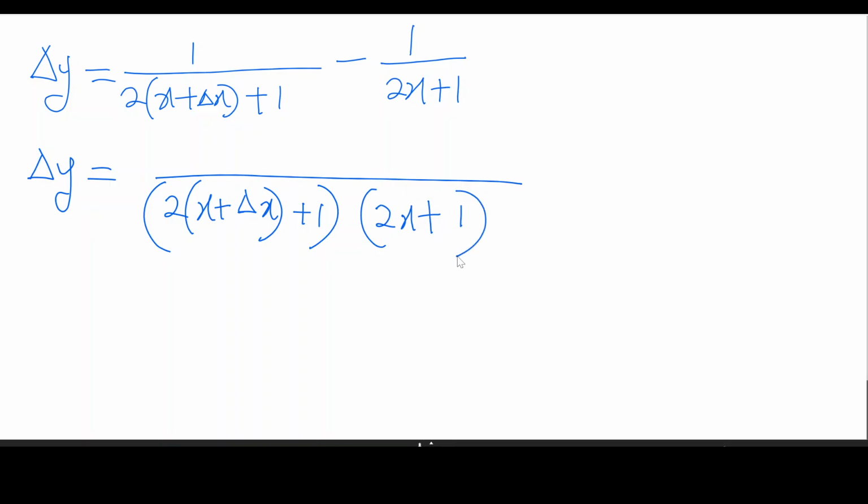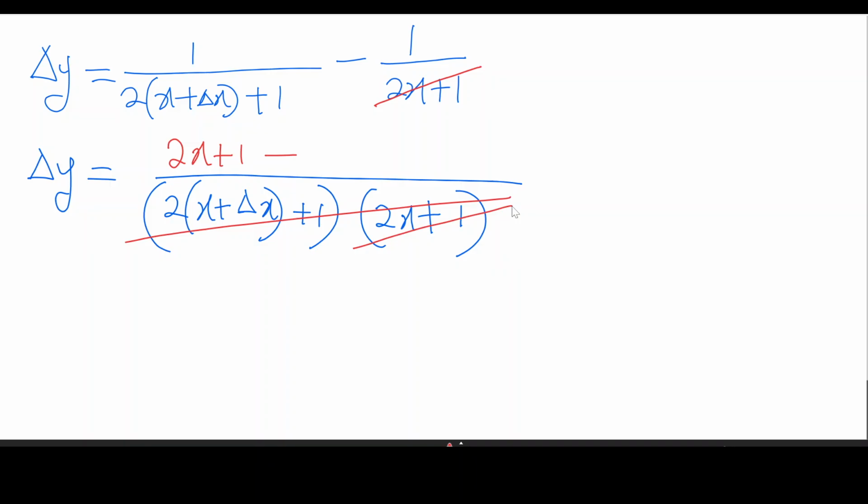And from here, we divide the LCM by each of the denominators. So dividing by the first denominator, we are going to be cancelling out this, or are going to be left with 2x plus 1. So we are going to be doing that now. So 2x plus 1 times 1 is going to be 2x plus 1. Then we have minus. Also, we are going to be using 2x plus 1, which is the second denominator there, to divide the LCM. And in this case, we're going to be cancelling out 2x plus 1.